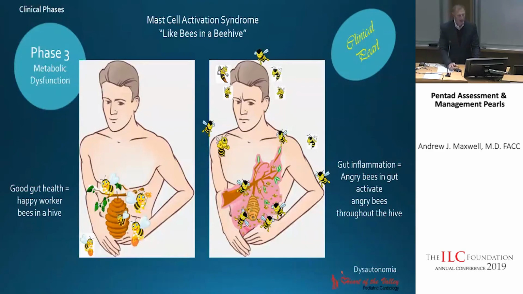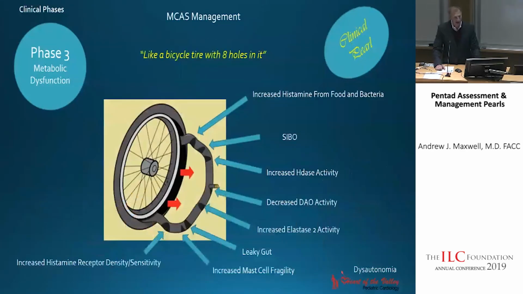And so it may have started in the GI tract, but it takes no time at all for the mast cells around the meninges in the brain to be aggravated, sometimes causing an explosive headache after they have been exposed to something that stimulates their mast cells. So that's how I like to explain how mast cells are aggravated throughout the entire body.